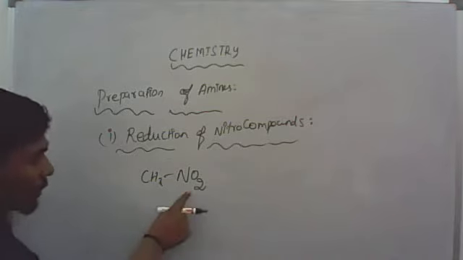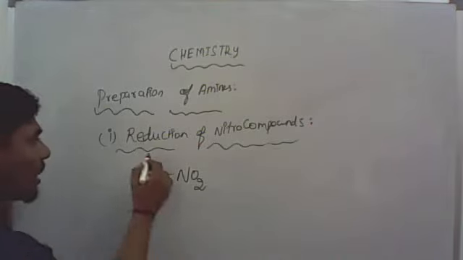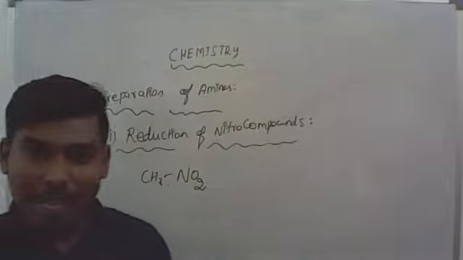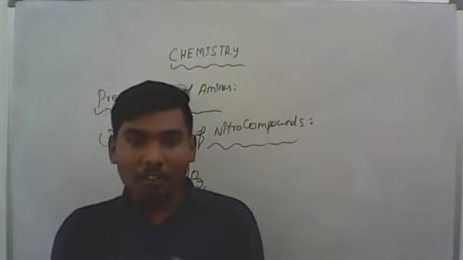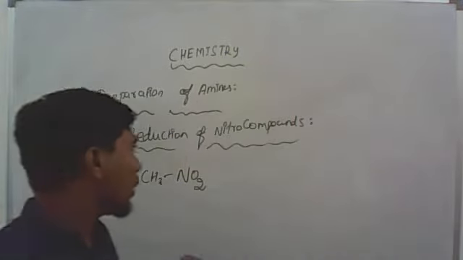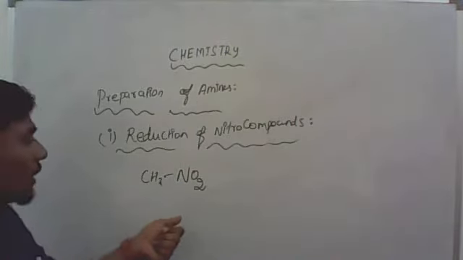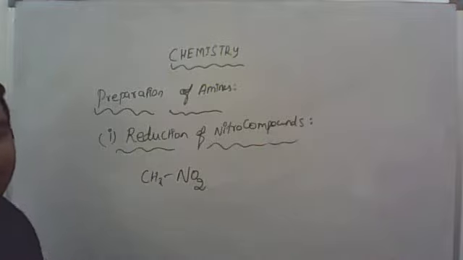If you reduce the nitro group, we get a primary amine. What do you mean by reduction? Reduction means addition of hydrogen or removal of oxygen. Here we remove the oxygen, and instead of oxygen we add hydrogen.